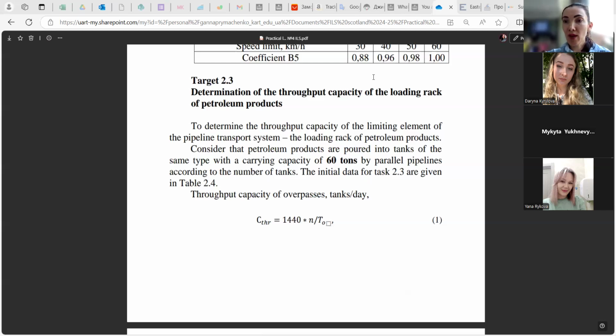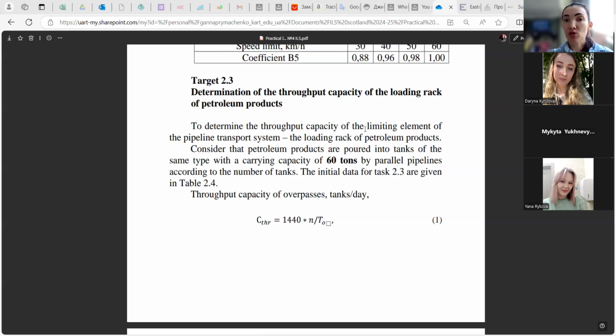So when you write the terms of our task, please listen to the information: to determine the throughput capacity of the limiting elements of the pipeline transport system, the loading rack of petroleum products. Considering that petroleum products are poured into tanks of the same type with a carrying capacity of 60 tons by parallel pipelines according to the number of tanks.